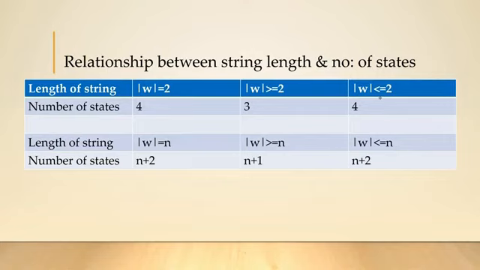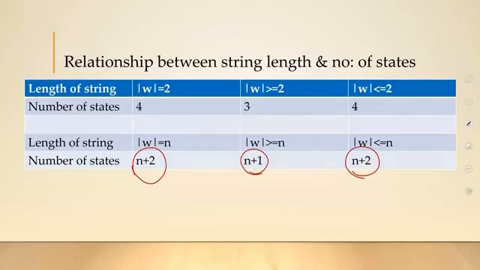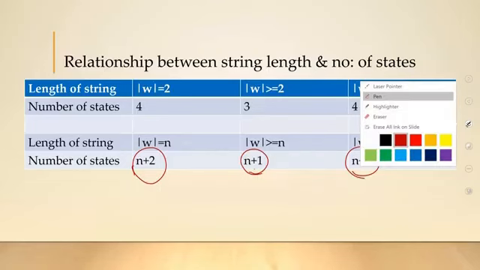When the length is greater than or equal to n, you will be having n plus 1 states. And when the length is less than or equal to n, you will be having n plus 2 states.